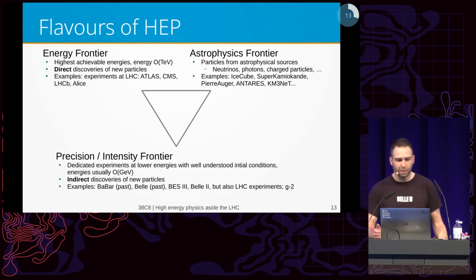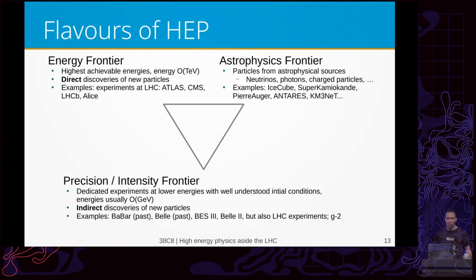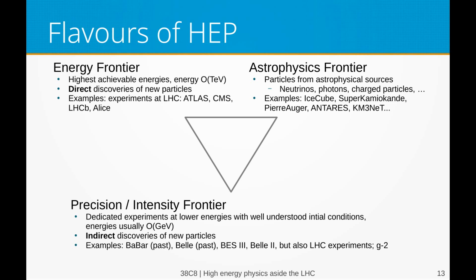And lastly, we have the so-called precision or intensity frontier. These usually are dedicated experiments at way lower energies. At the LHC, we talk about energies of TeV, so 10 to the 12 electron volt. At these precision machines, we usually are 3 orders of magnitude less. Often we are trying to do indirect discoveries of new particles, and what this is I will come to in a minute.